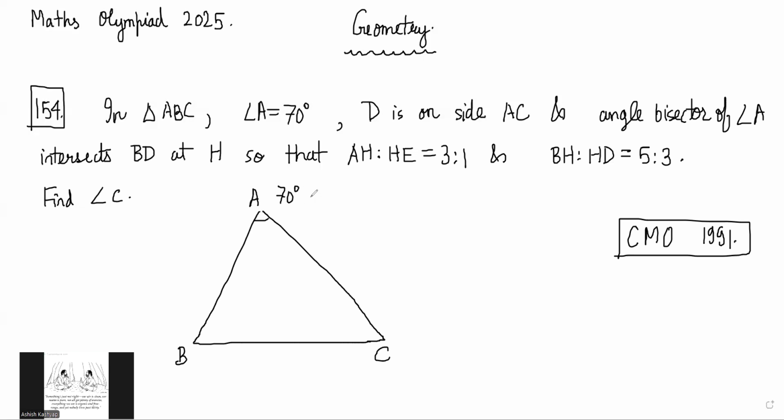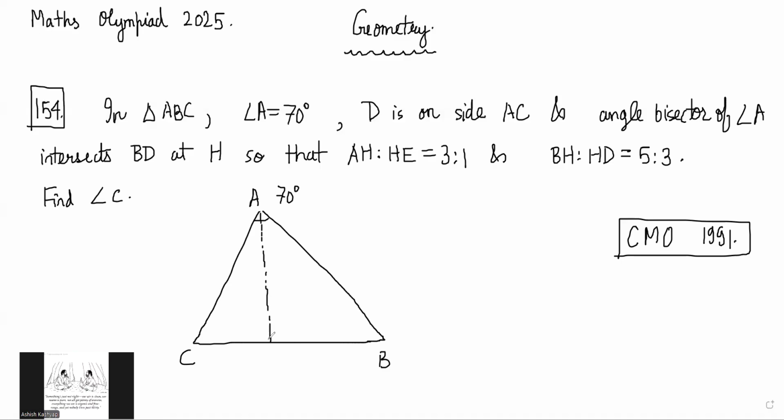D is on side AC such that, I'll label it like this, BC. AE is the angle bisector of angle A, and it intersects BD making a 3:1 ratio. Okay, so AE angle bisector we have to draw.